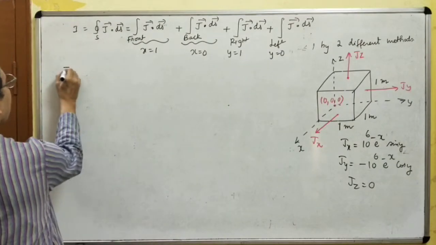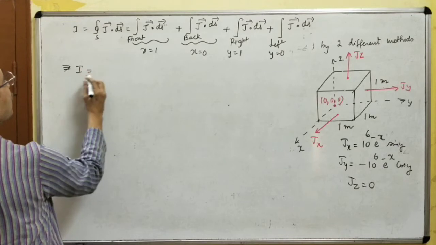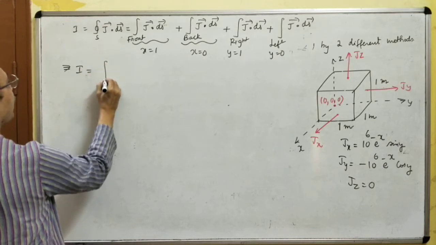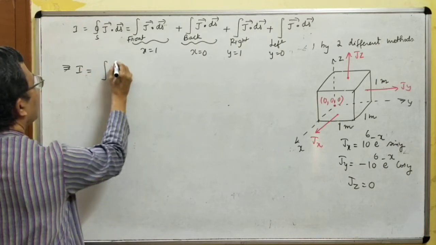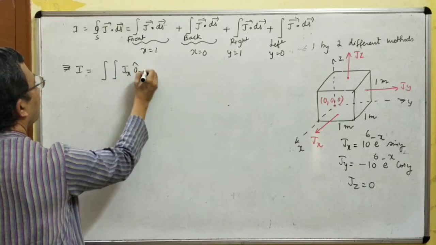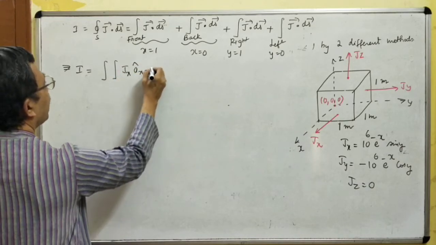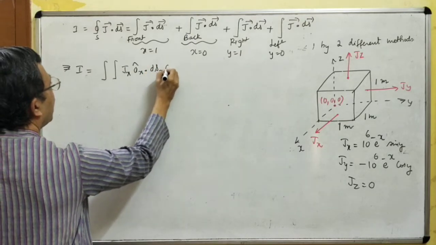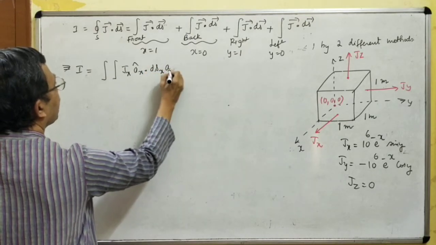This implies I is equal to, for the front face, double integral of vector J, which is Jx a_x cap, dot dSx a_x cap.